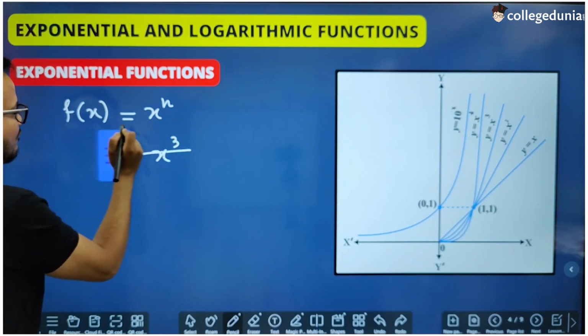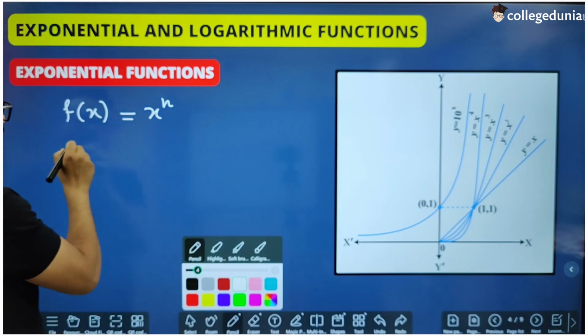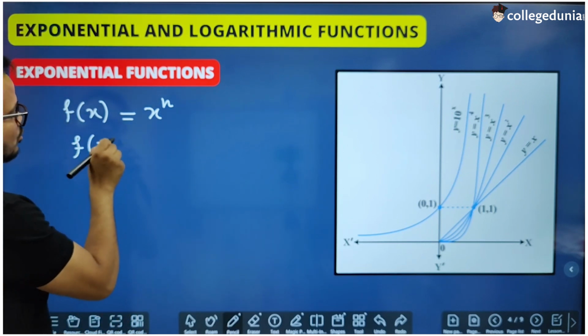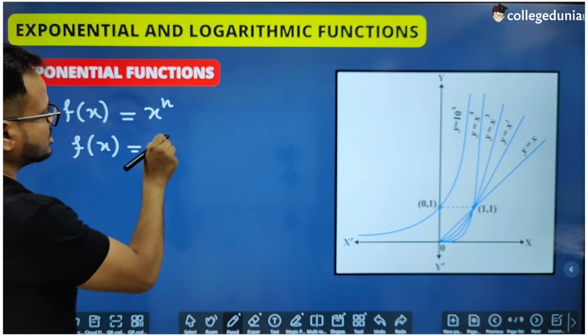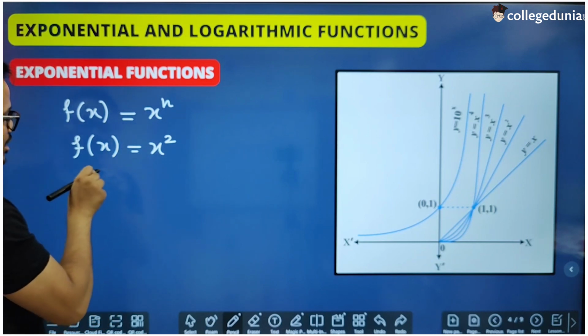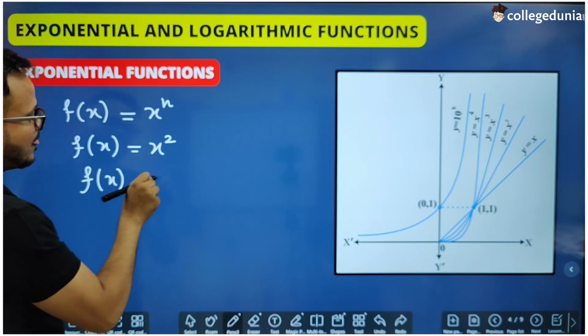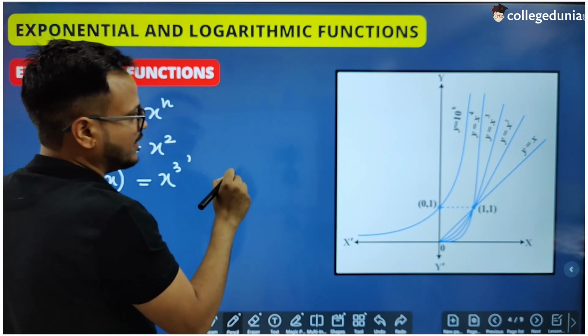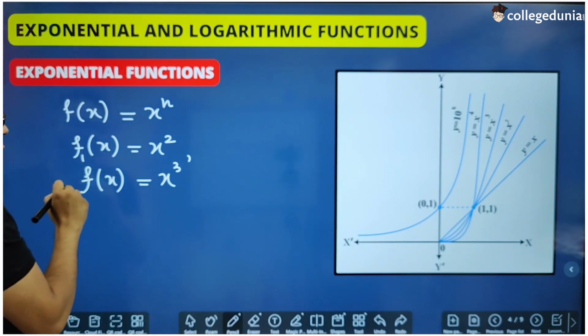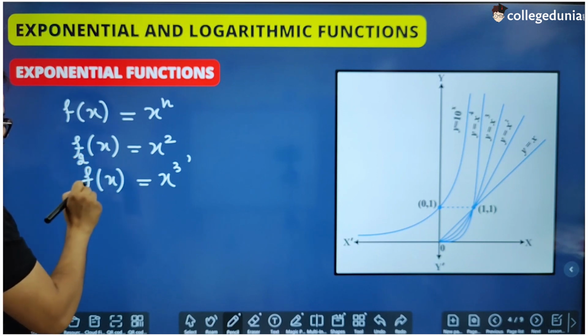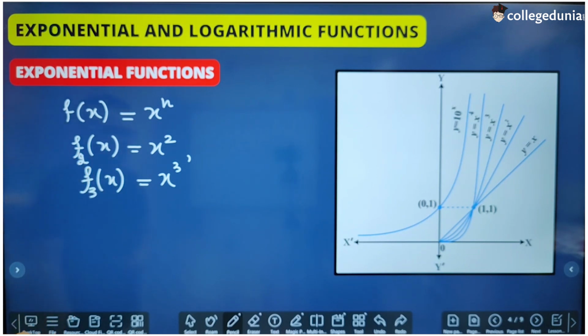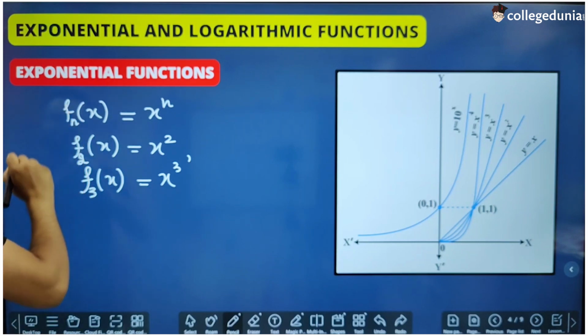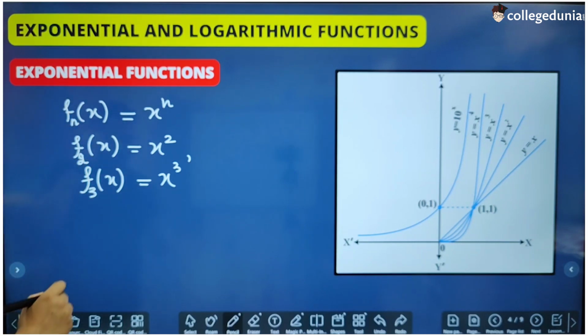We are comparing f(x) equal to x square and f(x) equal to x cube. Let us call these functions f1 and f2, and this one f3, according to the power of n, and we will call it fn.